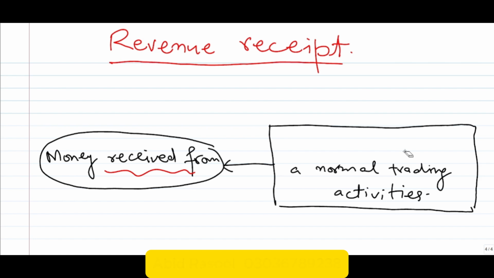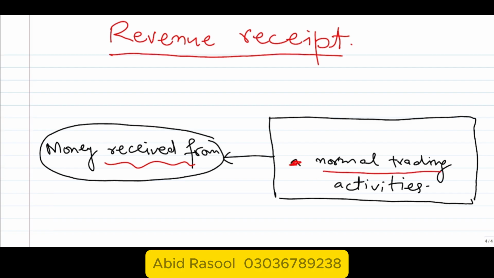Now we move to the revenue receipt. Revenue receipt is the money received from normal trading activities. For example, you have a restaurant, the money you receive from selling your eatables is a revenue receipt.